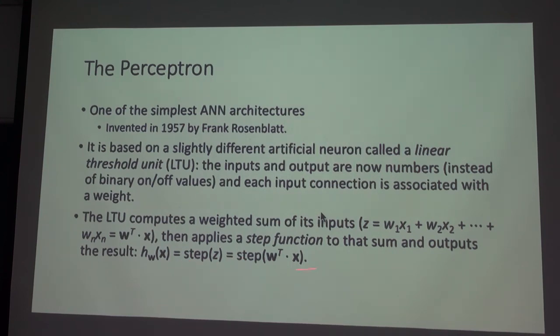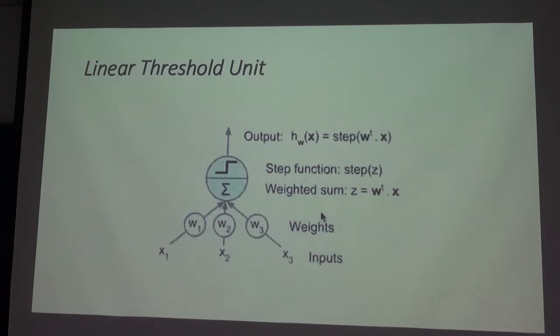There are a couple of differences. First, compared with the ReLU, it doesn't have the bias. Second, the LTU uses a step function, which is different from the ReLU, which uses a rectifier function.